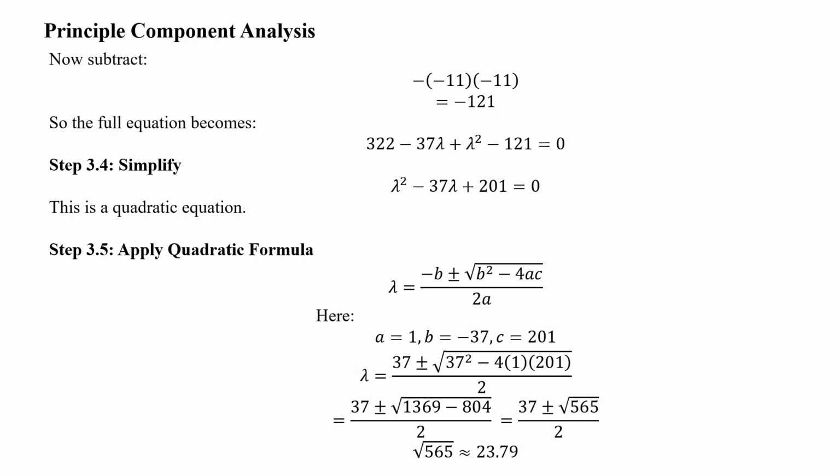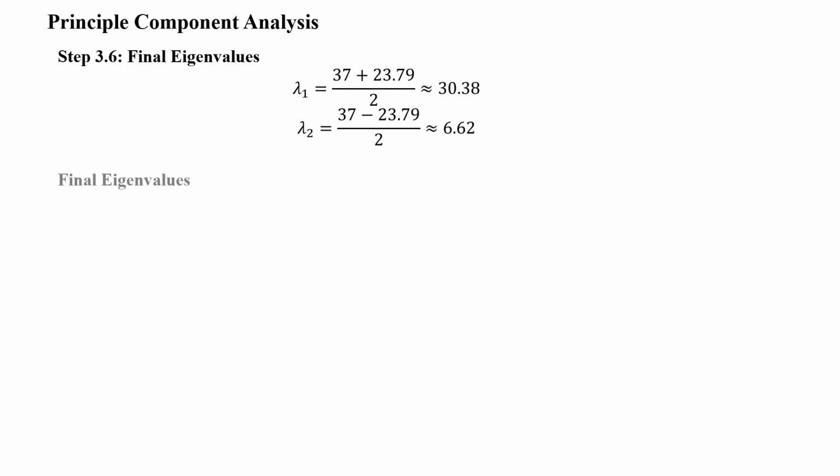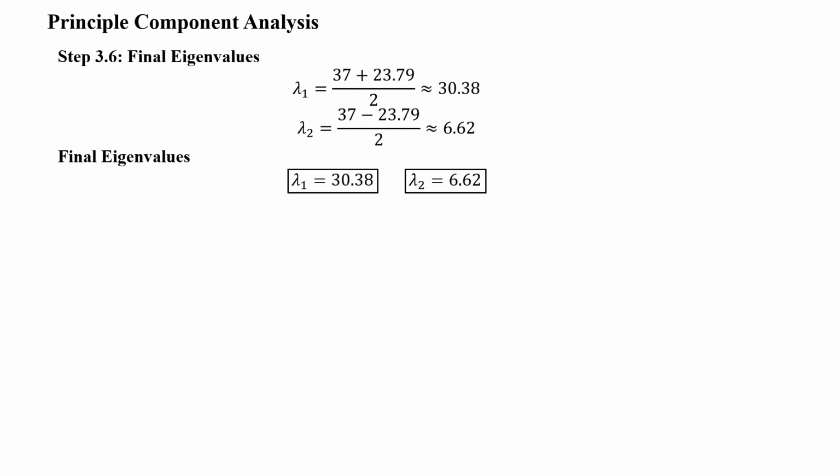These values will give us the final eigenvalues. Step 3.6. Final eigenvalues. Using the quadratic formula results, we now compute the two eigenvalues. So, the final eigenvalues are lambda 1 equals 30.38. Lambda 2 equals 6.62. Step 4.